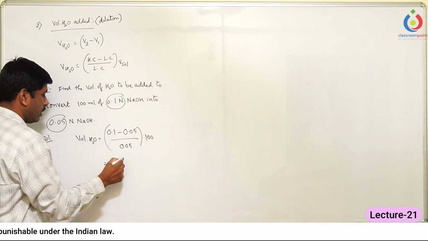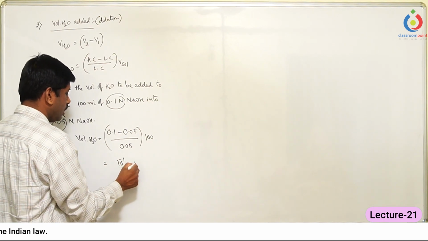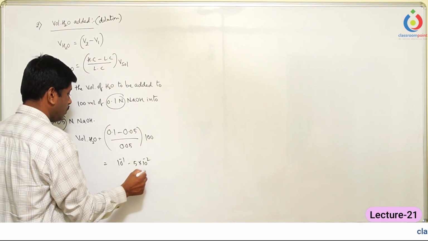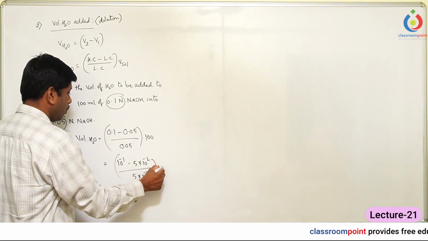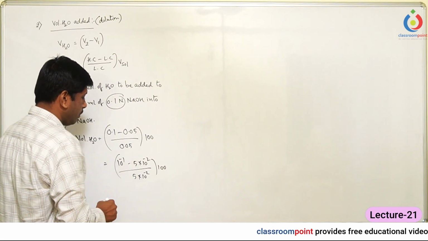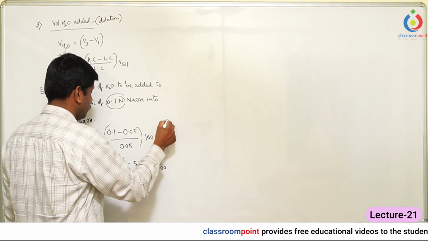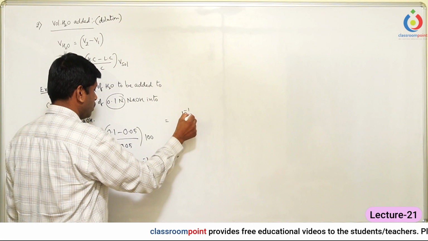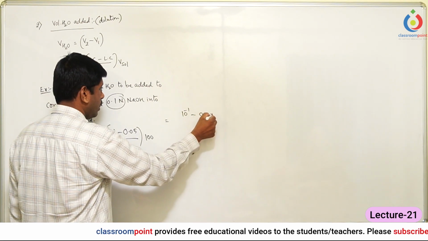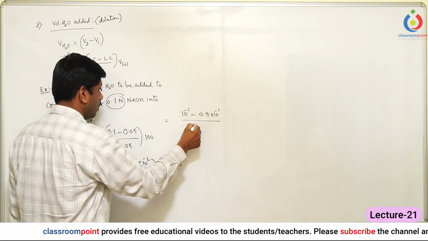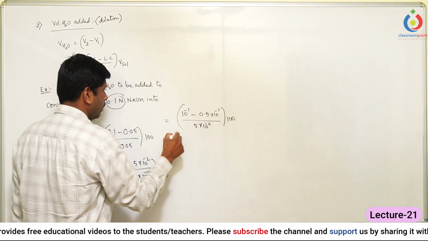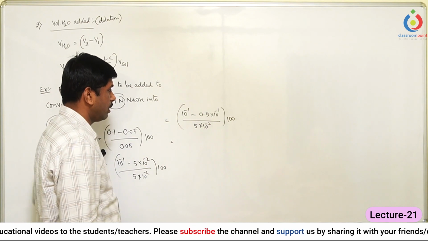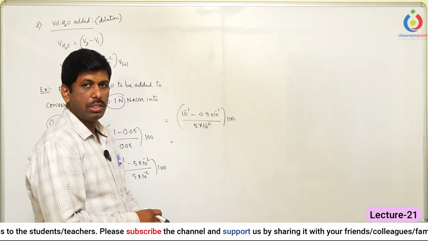So we can write this as 10 power minus 1 minus 5 into 10 power minus 2, divided by 5 into 10 power minus 2, into 100. We can write 5 into 10 power minus 2 as 0.5 into 10 power minus 1. Taking 10 power minus 1 common, 1 minus 0.5 gives 0.5.